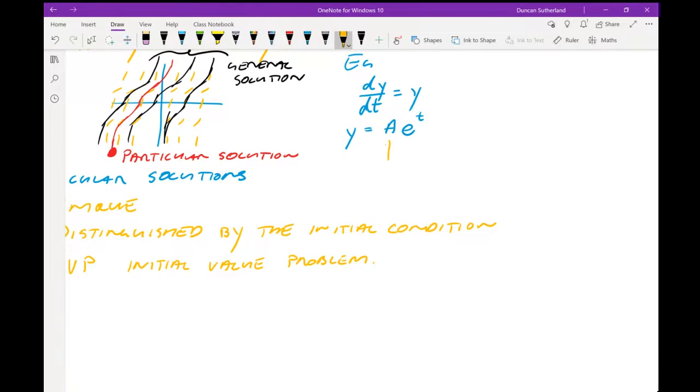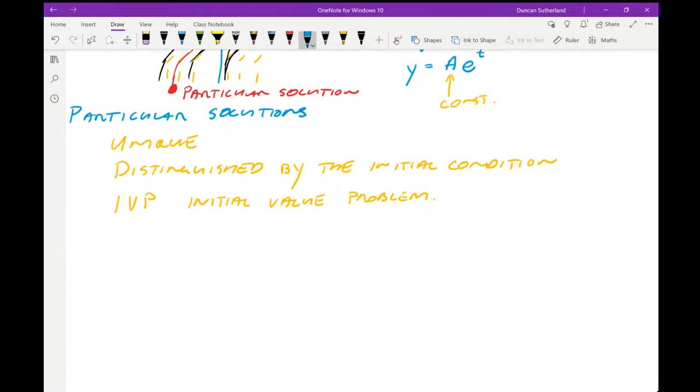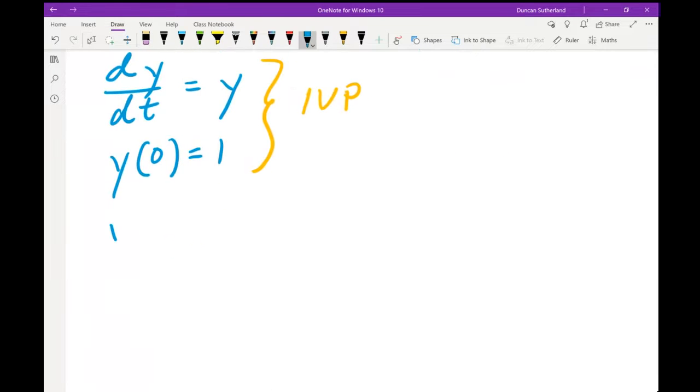The thing that makes this a general solution is the presence of this constant of integration. For example, our particular solution to the very similar problem, now I've got an IVP, the solution is e to the t.